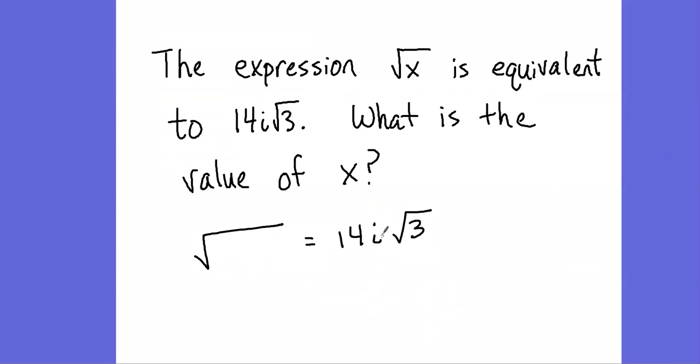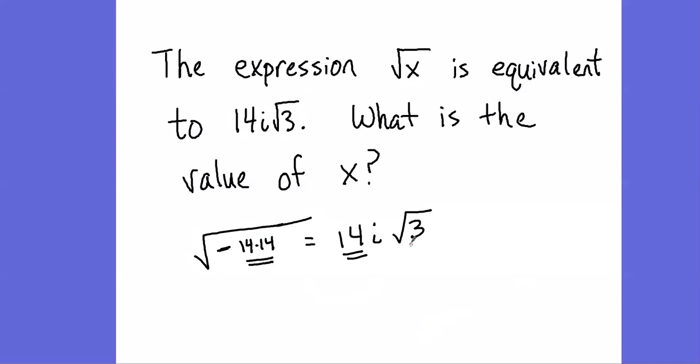If I have this i here, there has to be a negative underneath the radical. How am I going to get a 14 out here? Well, underneath this radical, there would have to be 14 times 14, right? The root of 14 squared, or the root of 14 times 14, is going to give me 14. So I'm going to need to figure out what 14 times 14 is for that part.